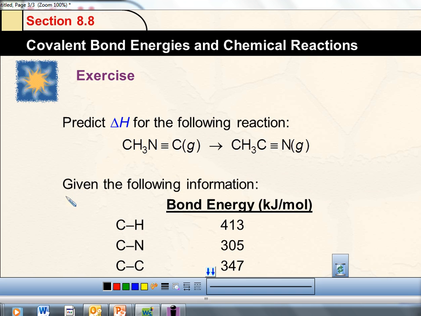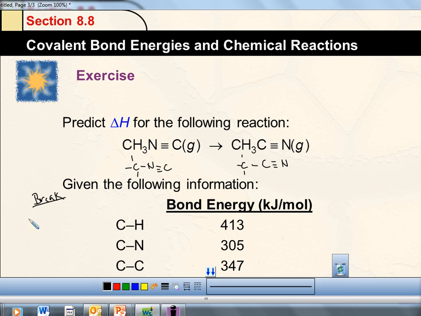So on this side, I am going to write my bonds I'm breaking. And if I look at this substance, you can see these would be carbon-hydrogen single bonds, single bonded to the nitrogen, then triple bonded to the carbon. Over here we have carbon single bonded to 3 hydrogens, single bonded to another carbon, triple bond to a nitrogen.